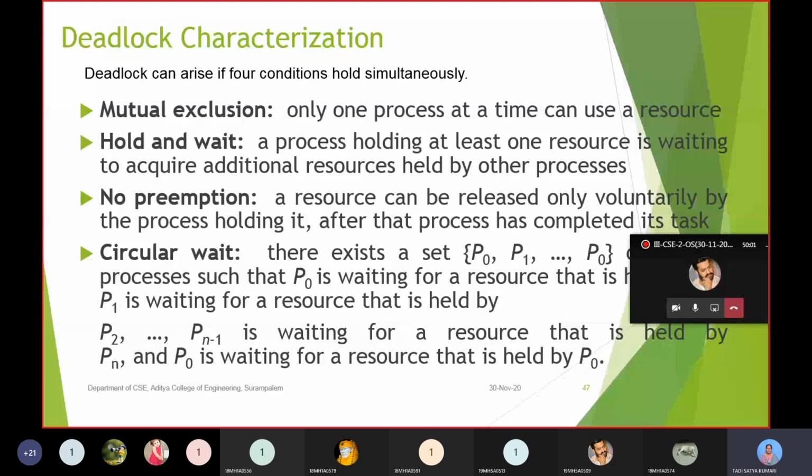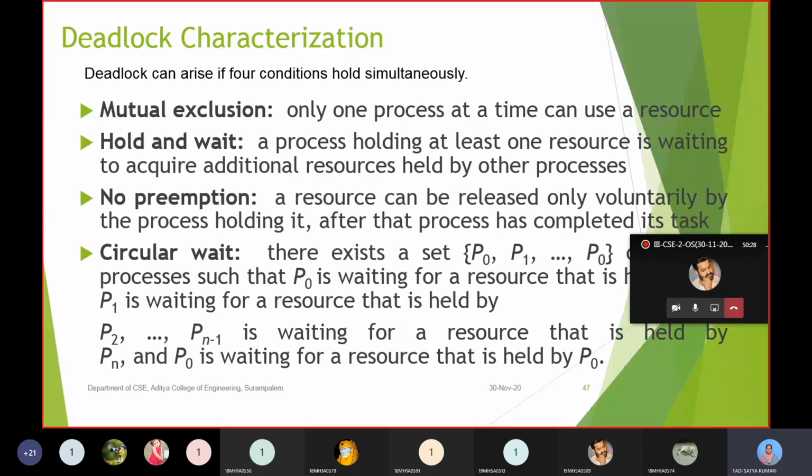So first, coming to mutual exclusion. We have already gone through mutual exclusion previously, but once again we will discuss it related to deadlocks. Here we can conclude that only one process can use a resource at a time. For example, take the CPU.